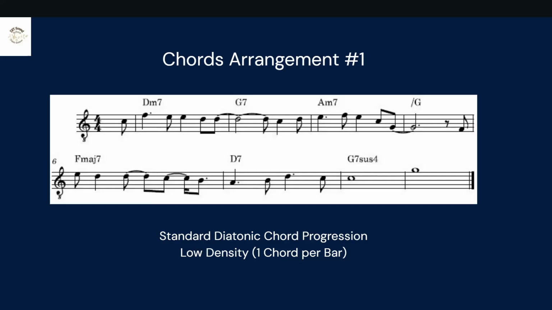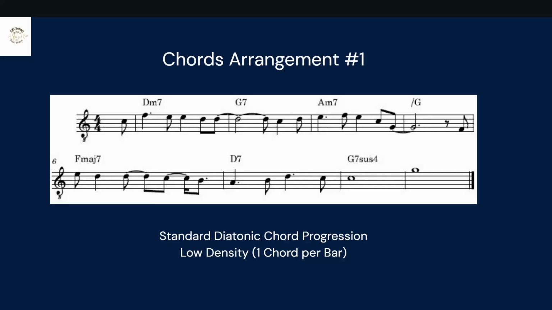You probably heard something very typical and diatonic, around the C major key center. The layout of the chords is one chord per bar, with progressions such as the 2-5-6 and so forth, very well known.